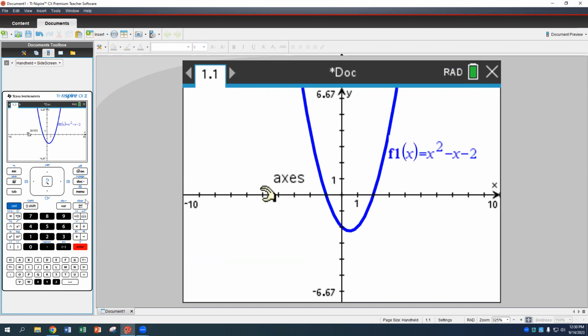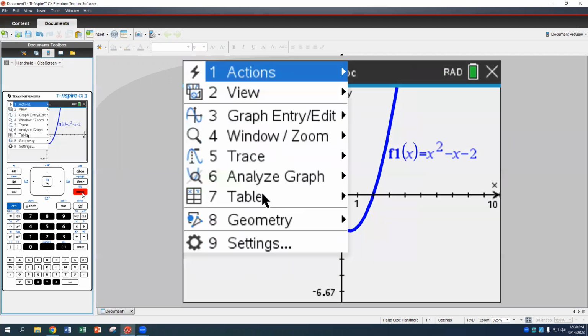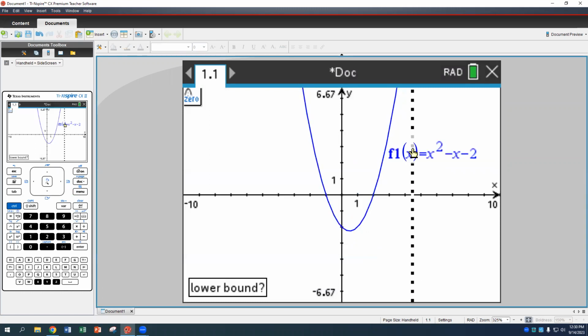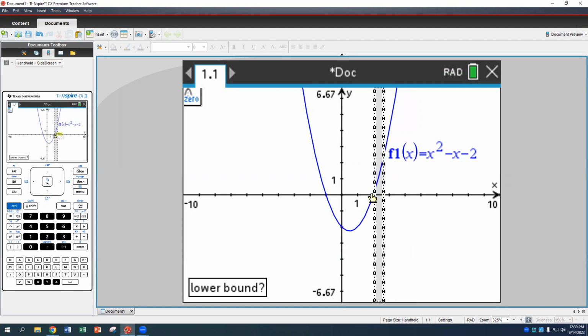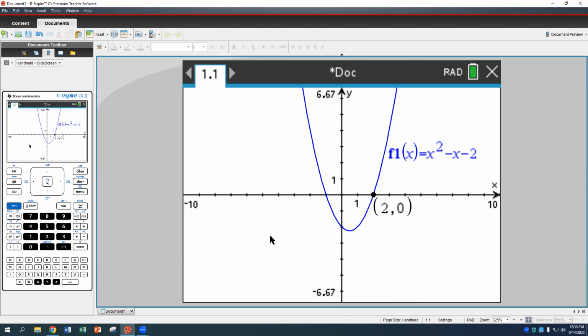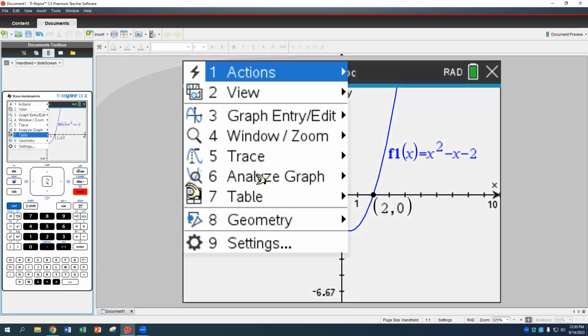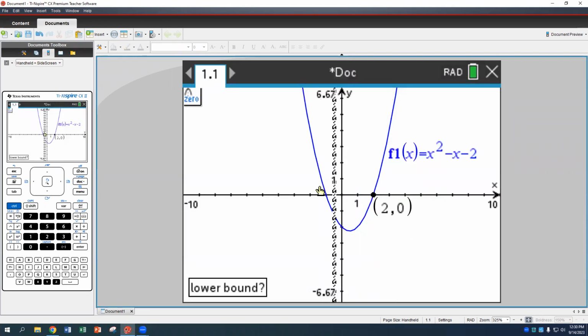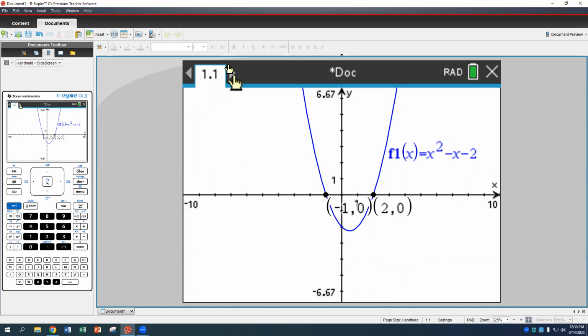To get my x-intercepts, I do menu, analyze graph, and zeros. Zeros is a synonym for x-intercepts. Your zeros are your x-intercepts, where the y value is 0. I click to the right, I drag, and there's my first x-intercept. I have another one, so I do it again: menu, analyze graph, zero, click to the right, drag, click to the left. There's my other x-intercept.